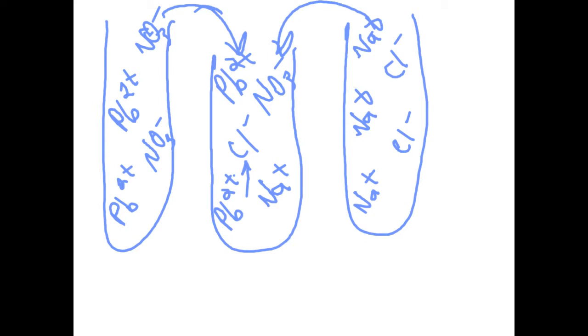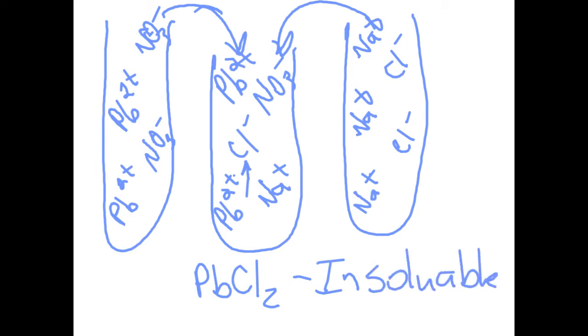Instead of being dissolved in the water, they don't dissolve in water. Lead chloride is insoluble. So it falls out of water, it falls out as a solid product. So you have 2 clear test tubes, you pour them all together, boom, you get a solid product.